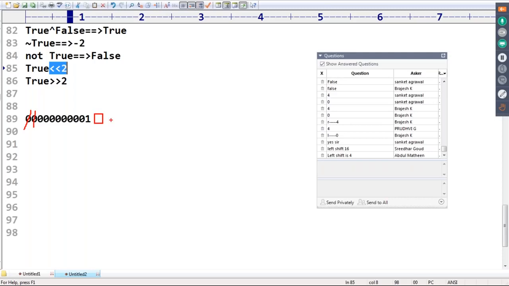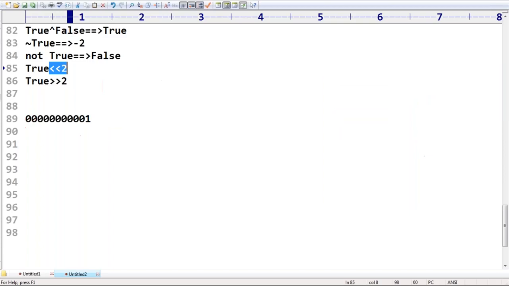On the right-hand side, 2 vacant cells will be there. The vacant cells are always filled with 0. So the result is 1 0 0. 1 0 0 means 4. Remember that.